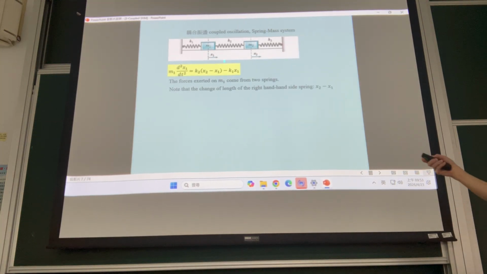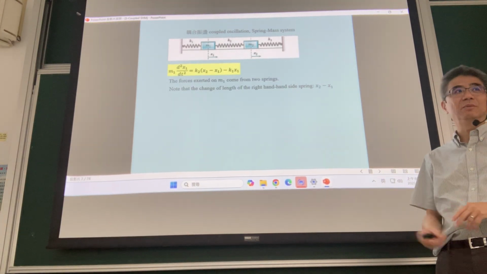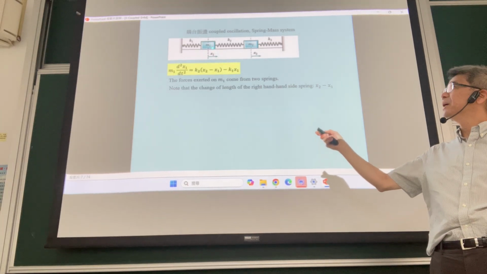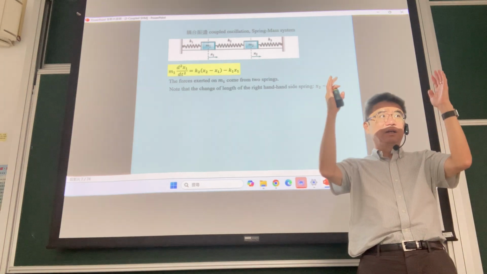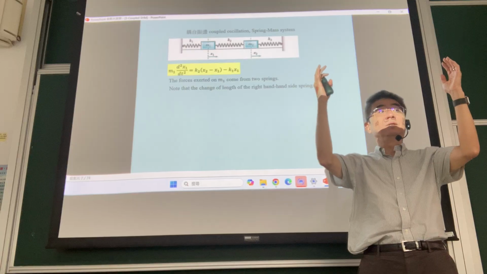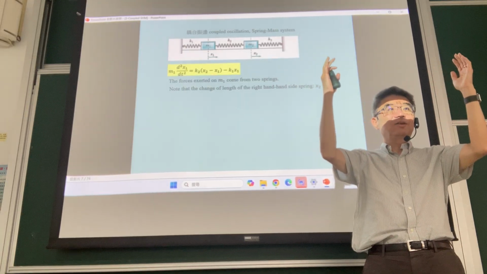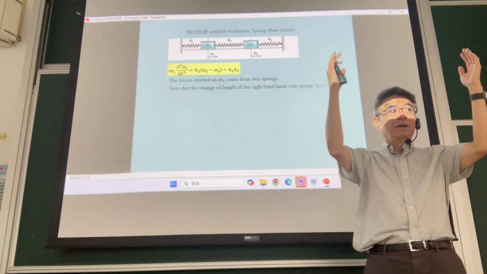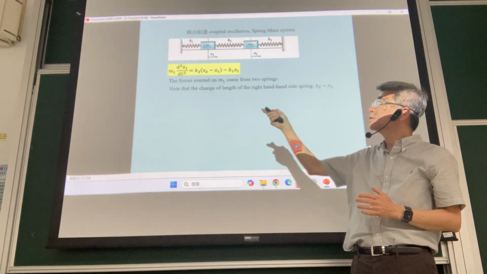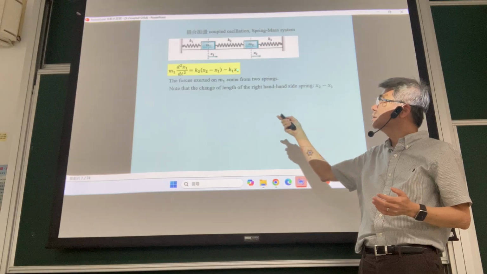Let's write down the equation of motion. Because there are two particles, there are two equations of motion. Let's do the first. x1 is the displacement of M1. Of course, I assume that at x1 equal to 0, x2 equal to 0, the system is in equilibrium. 就是一开始的时候，我是把它放在平衡点上面。So x1 will tell you the force exerted by the left-hand side spring, which is minus K1 x1.